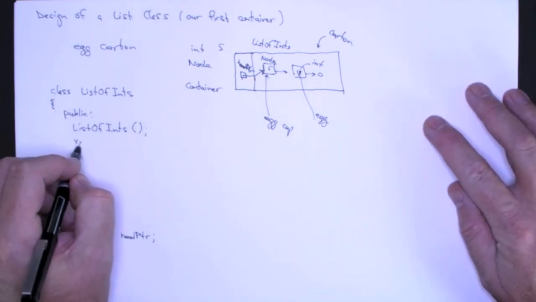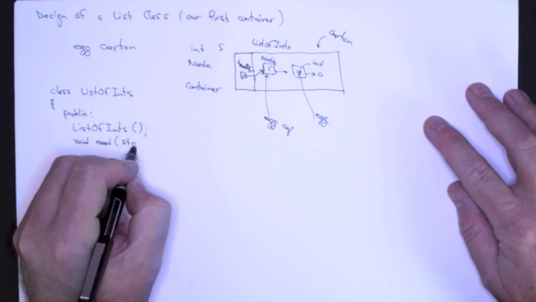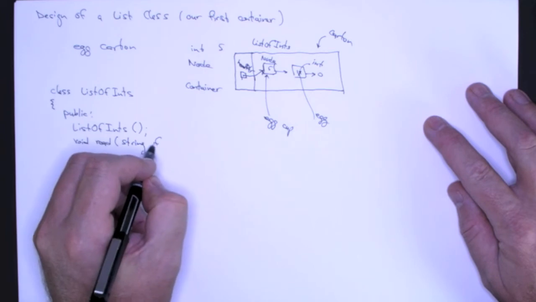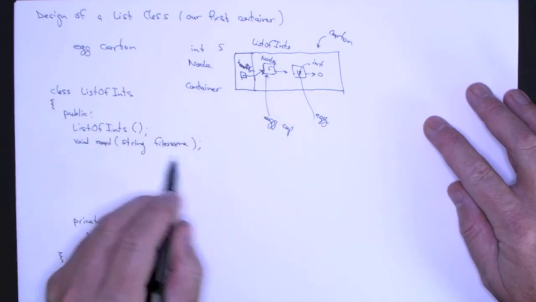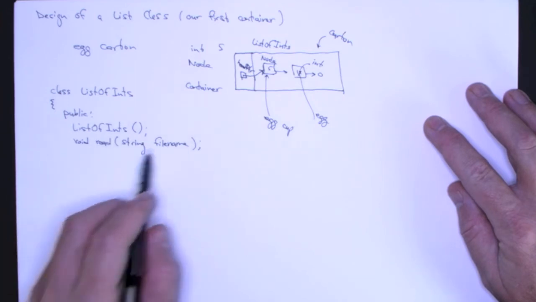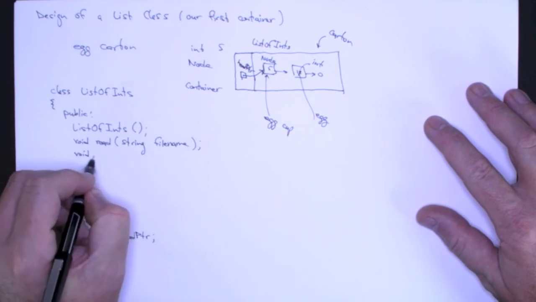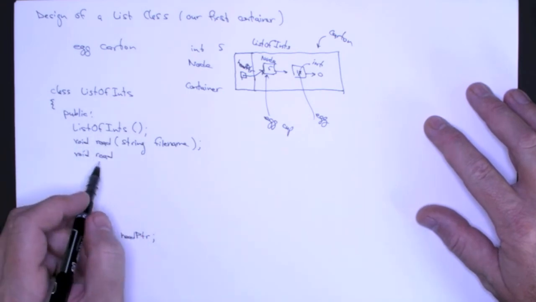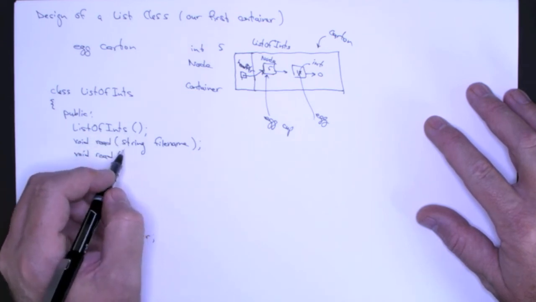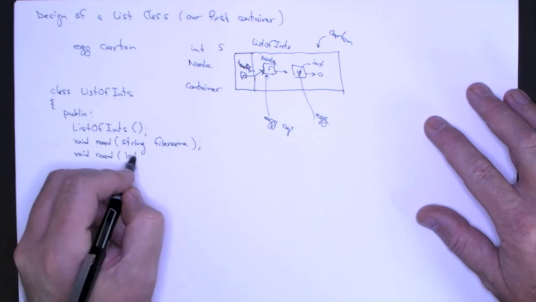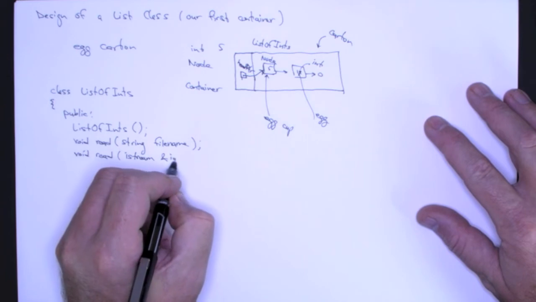Then we're going to look at a method that reads integers from a file. So I'm going to let someone pass in a file name containing integers. It will read the integers from the file, and it will create a linked list. Just for convenience, and to also illustrate another use of overloaded methods, I'm going to create a read method that just takes an istream as an argument.